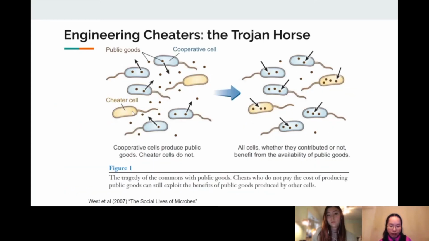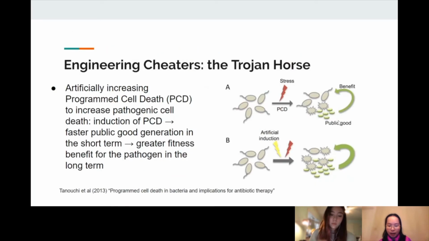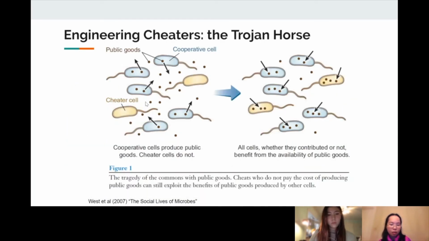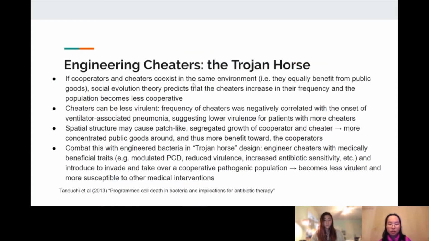Because if the cheater cells cannot go through programmed cell death under stress, then all of the cells that die will be the cooperative cells. They just keep on dying because of the stress and keep on releasing these public goods. The cheater cells survive. Eventually, only the cheater cells will be left. That's why the cheaters increase in their frequency and the population becomes less cooperative.